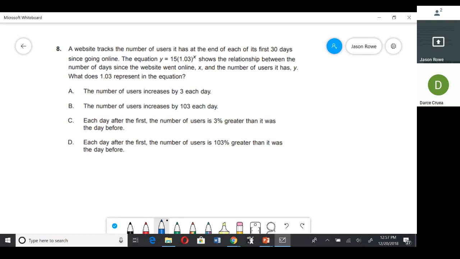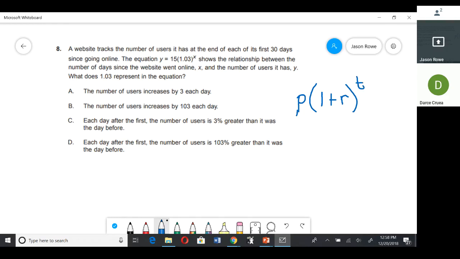So again, we want to look at our choices here. And again, when we've got exponential problems, we've got an initial quantity. And that's the general form there.